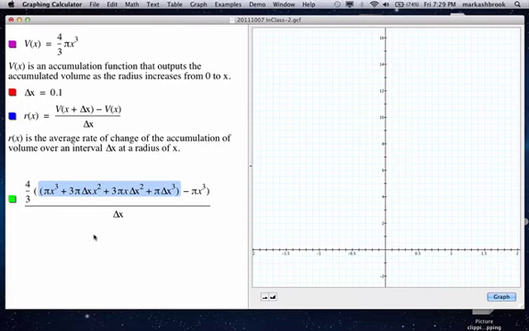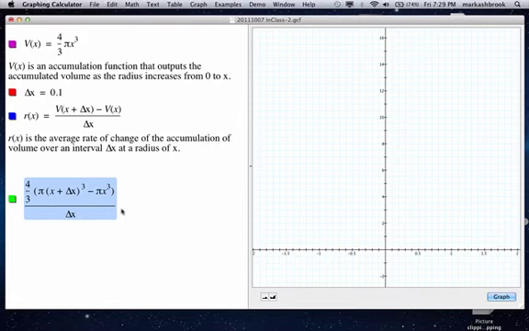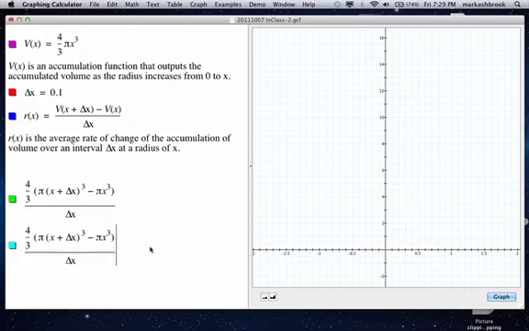So I'm going to go back, and I'm going to copy this and paste it so we can see where we've come from. So again, I'm going to grab onto the pi times x plus delta x quantity cubed.